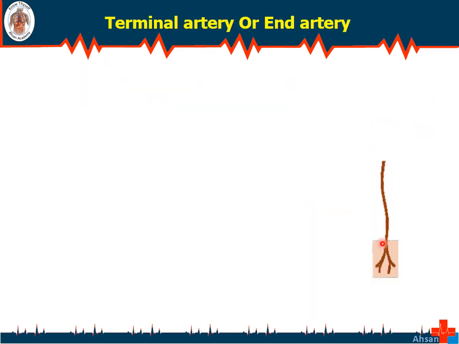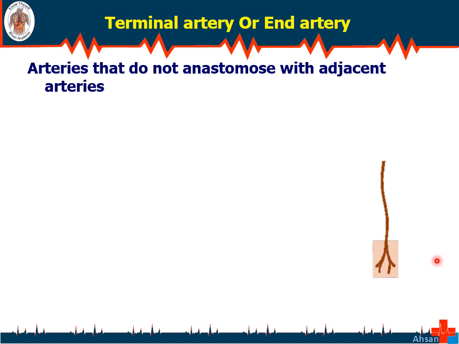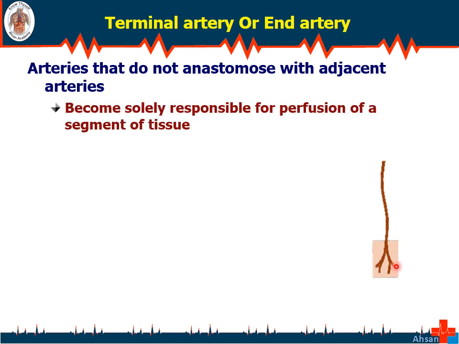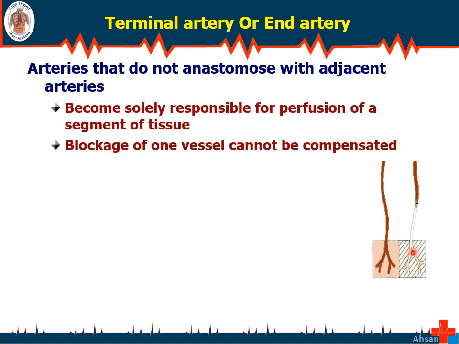You see, this is one artery supplying this area. So this artery is solely responsible for this one. There is no anastomosis between this. So this, if obstructed, will be in problem. Solely responsible area, if it gets obstructed, this distal part will be in problem.